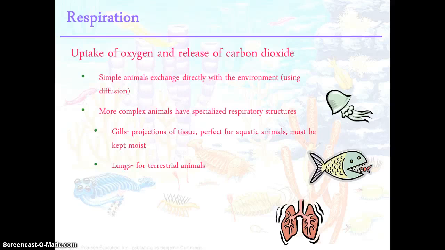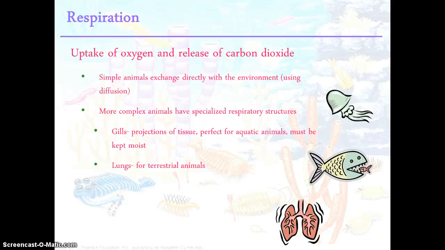Your more complex animals will have a type of respiratory system or respiratory structures that they use to exchange gases, intake of oxygen, and the release of carbon dioxide. Gills for some of your aquatic complex animals, and then lungs for your terrestrial complex animals.